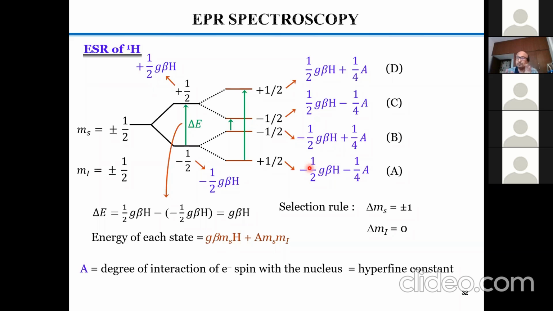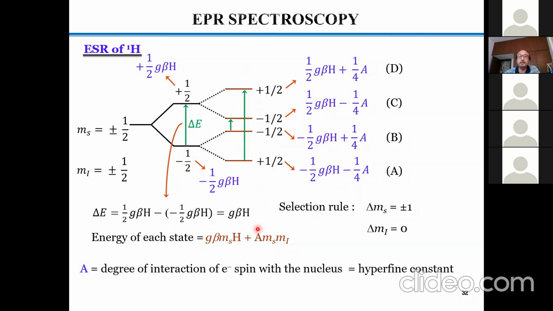So there are a lot of, I think, intriguing factors to understand this thing. So how do you get the A information? Now, if you look at the energy for each state, there are 4 states. Very simple. Energy would be in each state g beta M_S H. g beta M_S H is the original state, which is actually developing out of the M_S level.